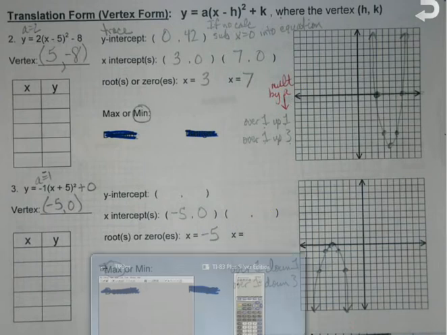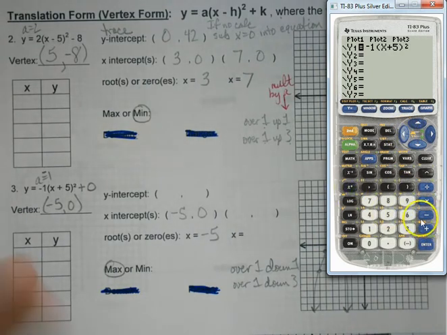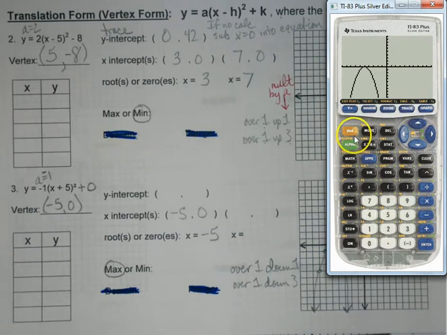But again, for my y-intercept, I have choices. If I've plugged this into my calculator and I've got the graphing capability, I'll let it do the work. That's fine. Opens down, okay.